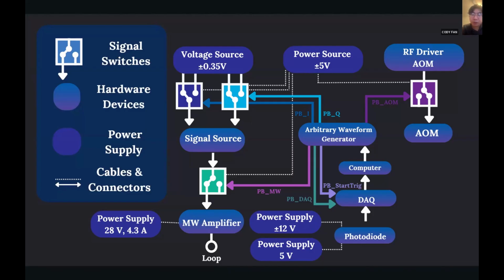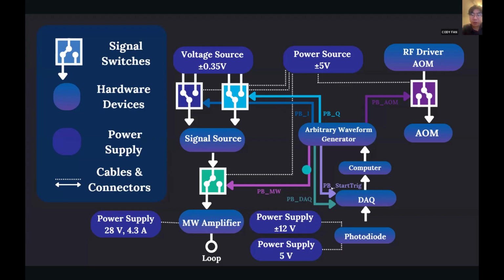For example, you have different power supplies and voltage sources that hook up to a microwave amplifier, and you normally use something called a lock-in amplifier. It focuses down the signal at a very specific frequency, and you use that to sweep the signal to find out where you have resonance for your spins.